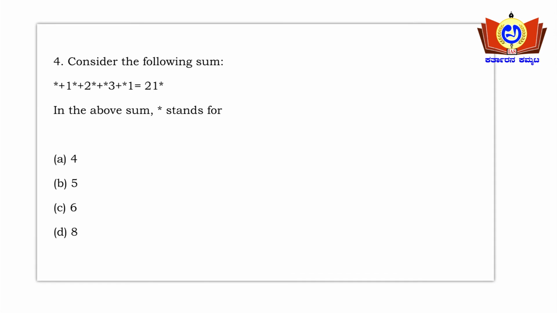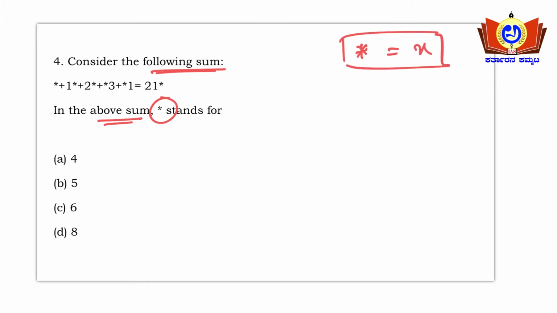So the question is, consider the following sum: star1 plus star2 plus 3star plus 1star is equal to 21star. So in the above sum, star stands for here. Okay, so we need to find the operation here. Okay, star, what is the star here? Okay, so I shall consider star will be x here. Okay, so I'll be writing the equation now.